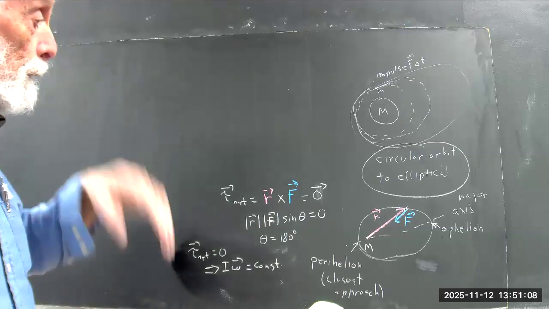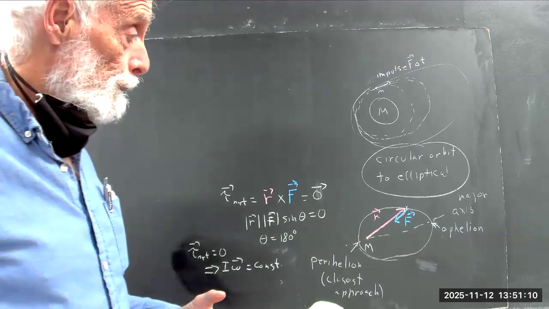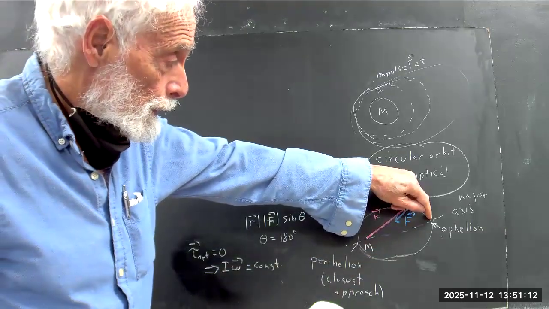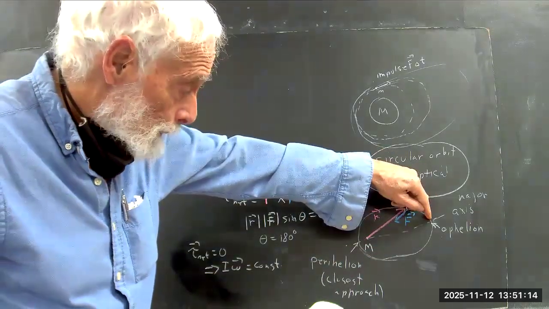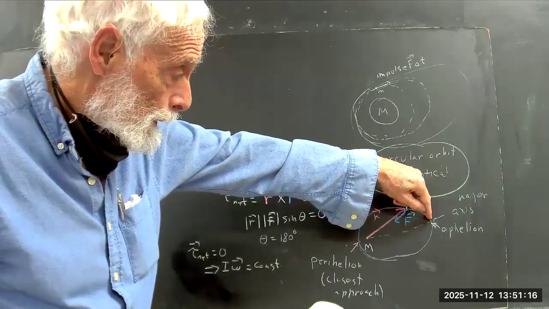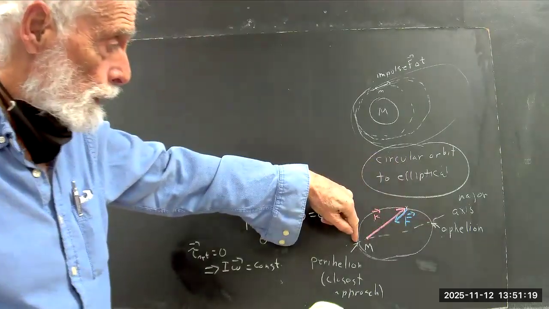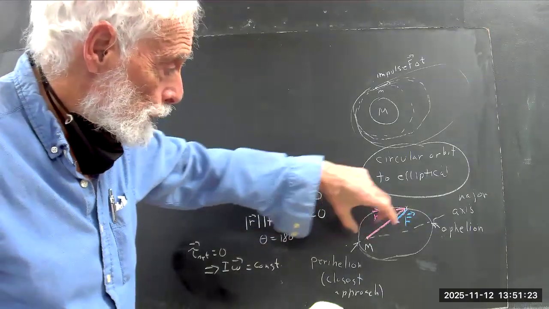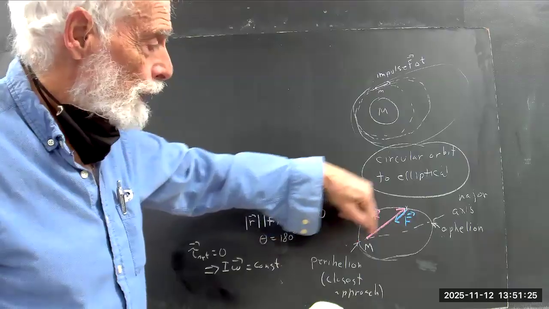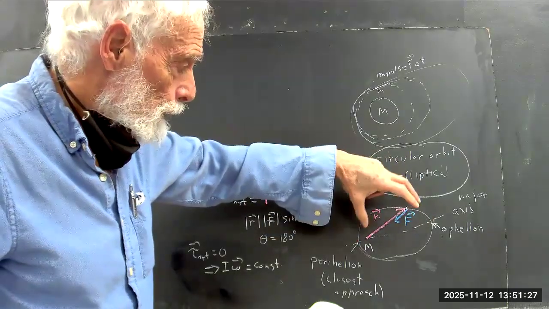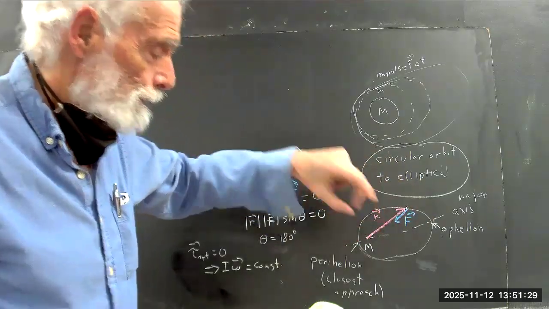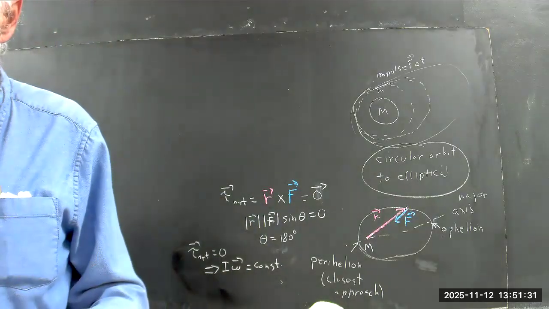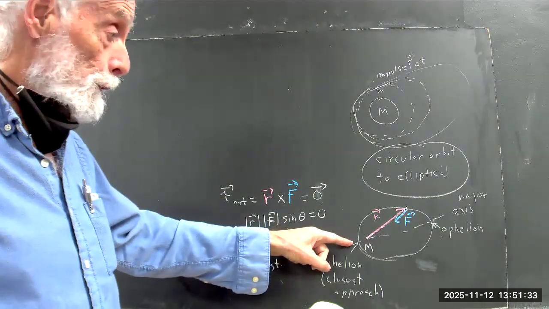One consequence of this is that your speed at aphelion is in a ratio to your speed at perihelion inverse to these two distances. The speeds at these points are inversely proportional to the distances of these two points from the center. So you're going a lot faster here.